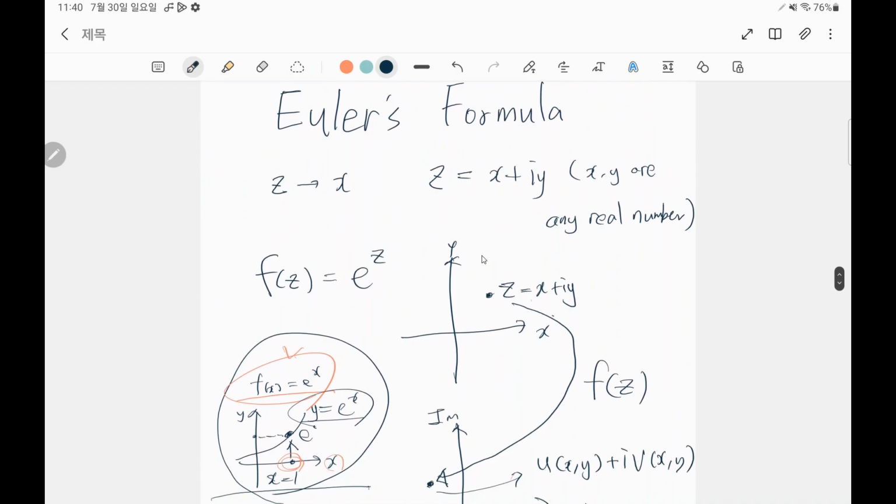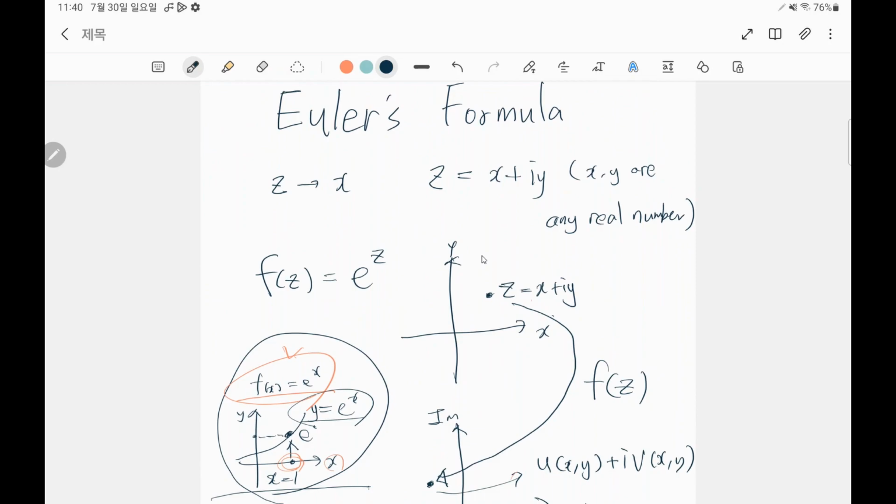I'm not going to prove that today because it requires some knowledge of complex analysis, where you need to know about the Cauchy-Riemann conditions. This function e to the z actually satisfies the Cauchy-Riemann conditions, is infinitely differentiable many times, and is an analytic function.